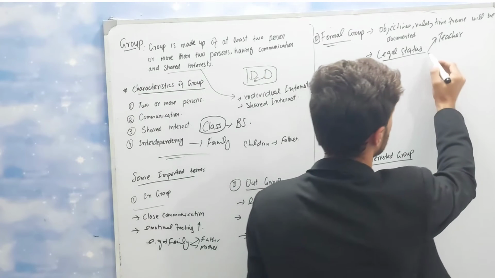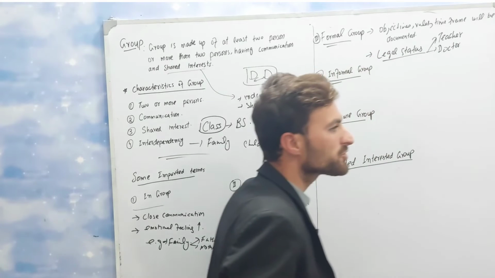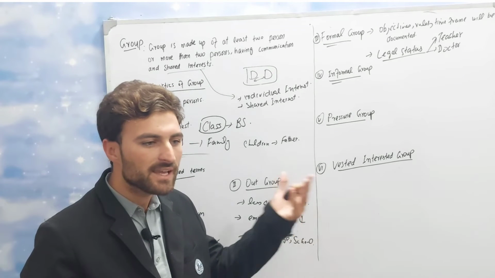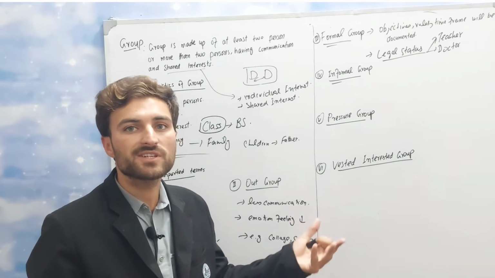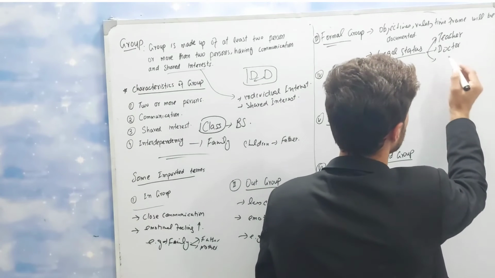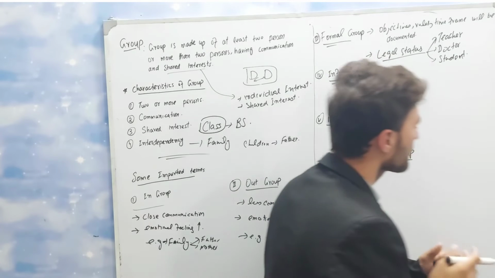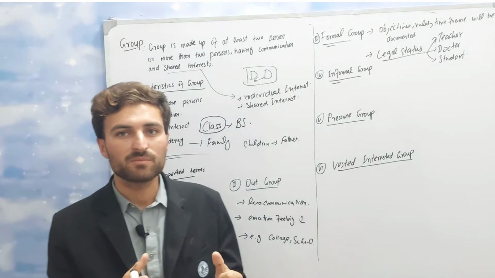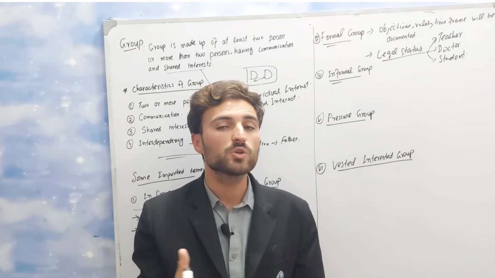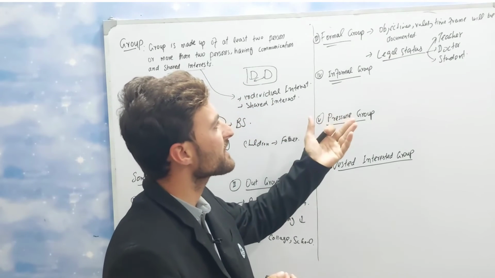Like a doctor, the person who is a doctor has a legal status, and with that he has to treat the patient. We also have legal status as a student, who is there in college or school to study and learn. So there is legal status in such a group.